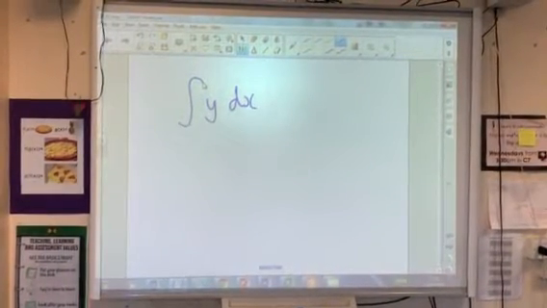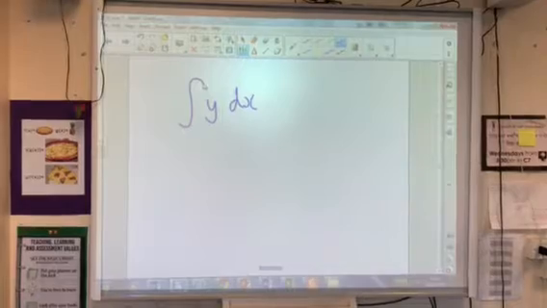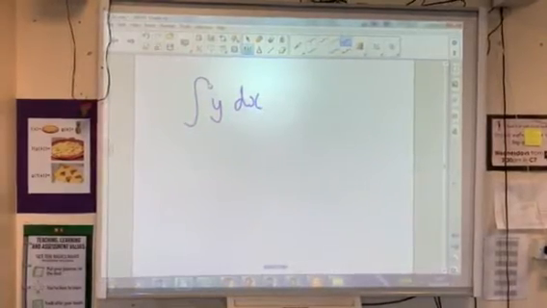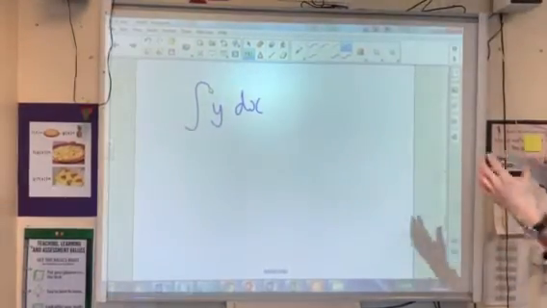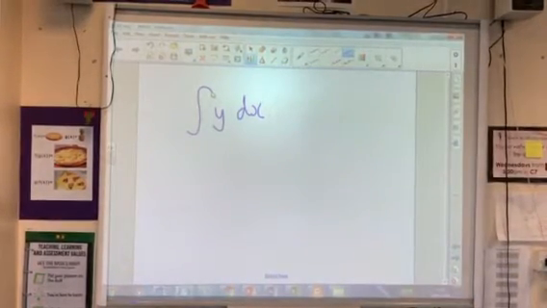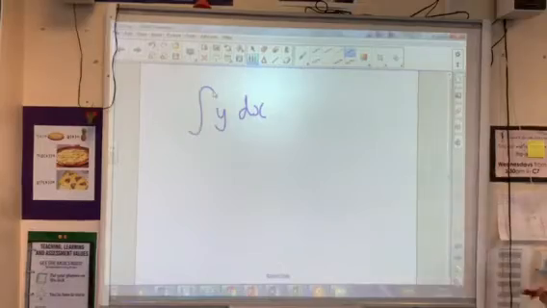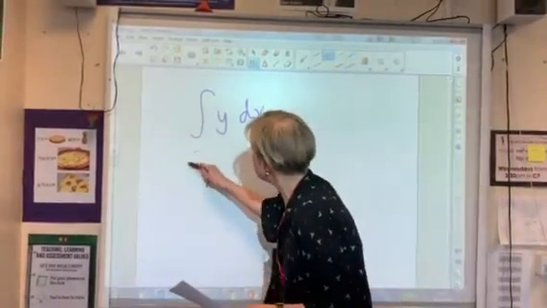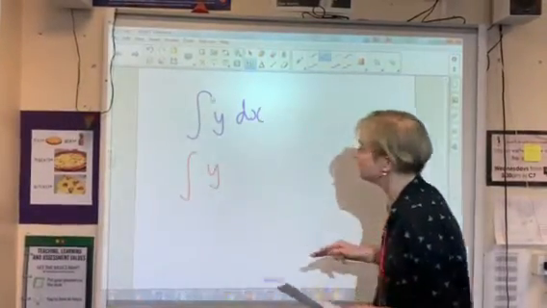All that's going to happen when we do parametric integration is you're going to be given a function of x in terms of another variable, possibly t, y in terms of that same variable, and all you're going to do is rearrange this using the chain rule.